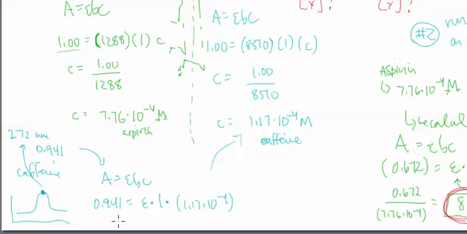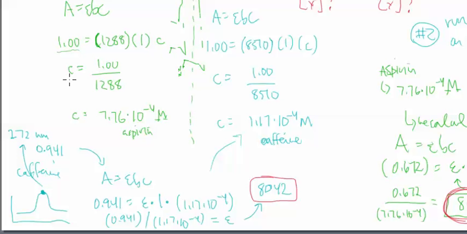So now I need to solve for epsilon, and the way that we do it, we take 0.941, and then we divide it by parentheses 1.17 times 10 to the negative fourth, and that gives me a molar absorptivity value. When I do that calculation, that molar absorptivity is going to come out to be about 8042. So again, this is off from the book value, but this is what all of my calculations are going to be based on.